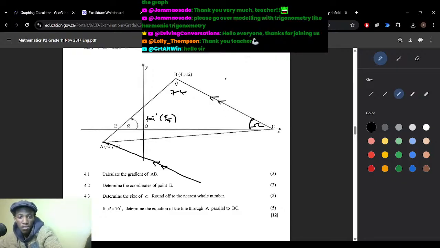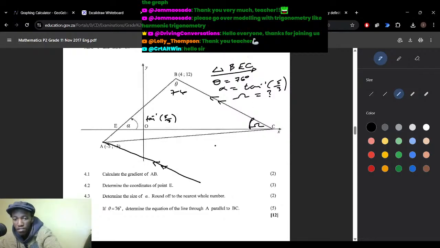Then how do we do that? Let's look at triangle BEC. We have theta as 76 degrees, and we have alpha as tan inverse of 5/3, but we do not have our omega. But we know that the sum of interior angles of a triangle equates to 180 degrees.